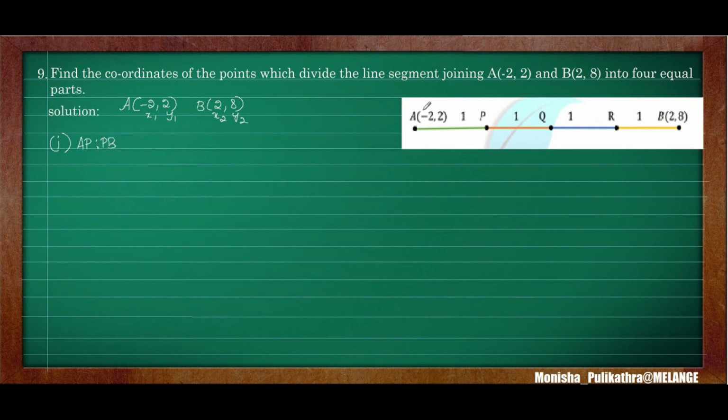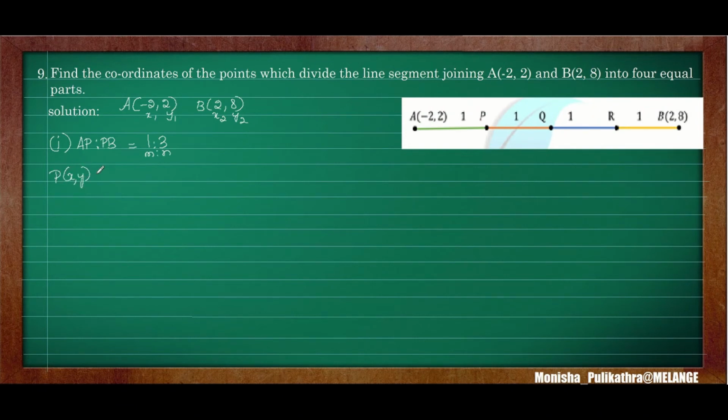We have divided into 4 equal parts, each having 1 part in the ratio. So AP value is 1, where PB is 1 plus 1 plus 1, that is 3. So the first ratio is 1:3. This is m is to n. Okay, so the first coordinate.